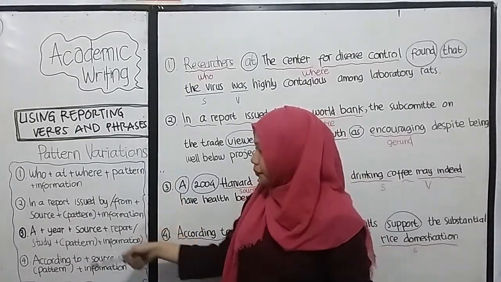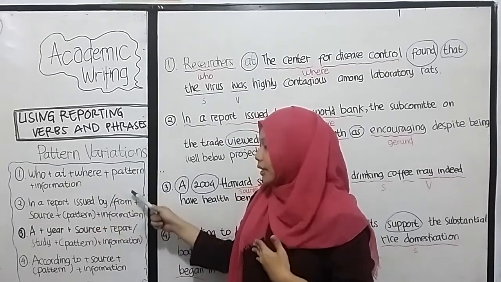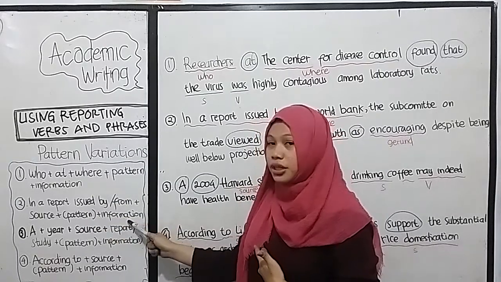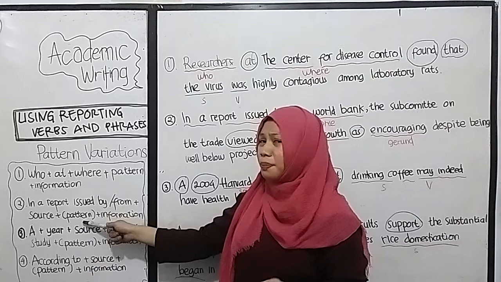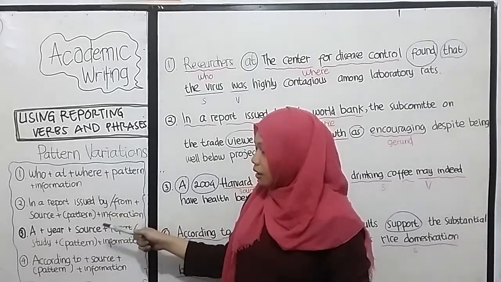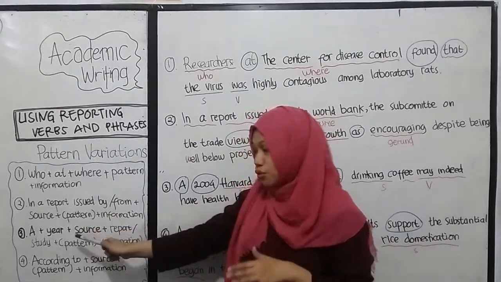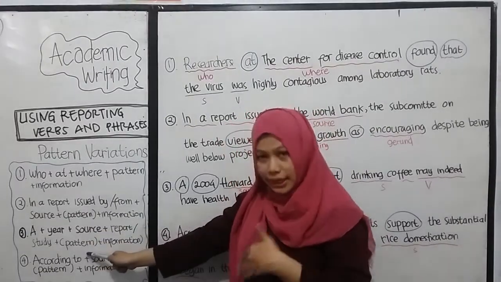In the second, in a report issued by or from, plus source, plus pattern, plus information. Just simply choose either pattern 1, pattern 2, or pattern 3, whatever you like. The third, a plus year plus source plus report or study plus pattern.